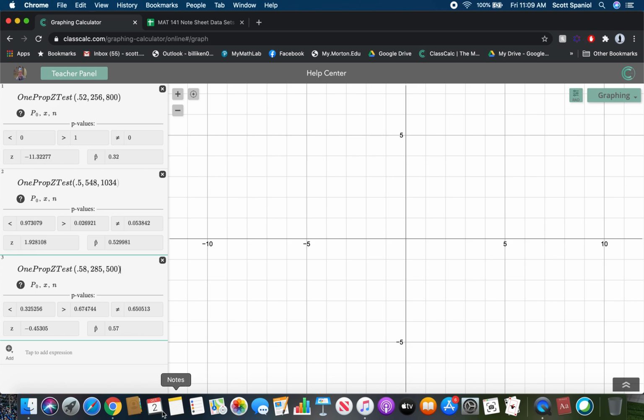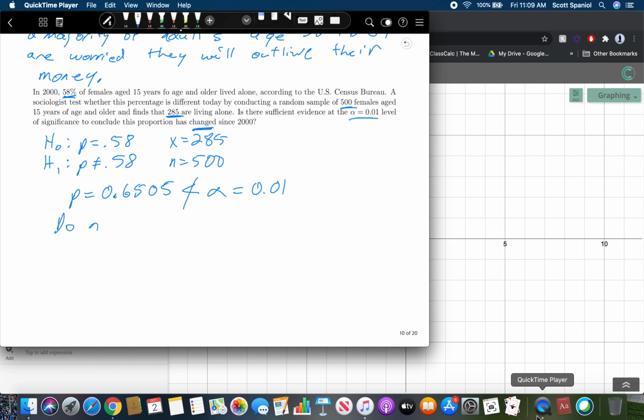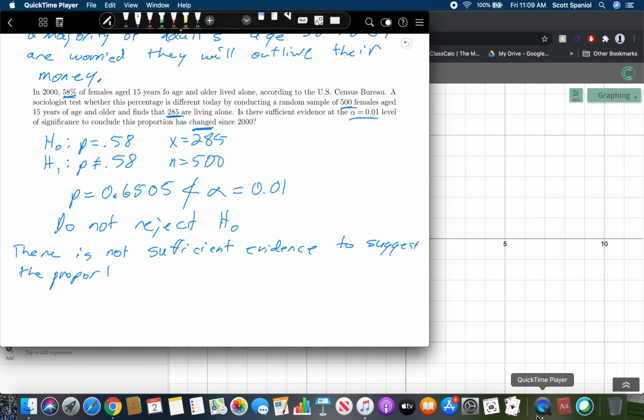Right? So, because it's not less than alpha, we do not reject H naught, and therefore we can say there is not sufficient evidence to suggest the proportion of females living alone has changed since 2000.